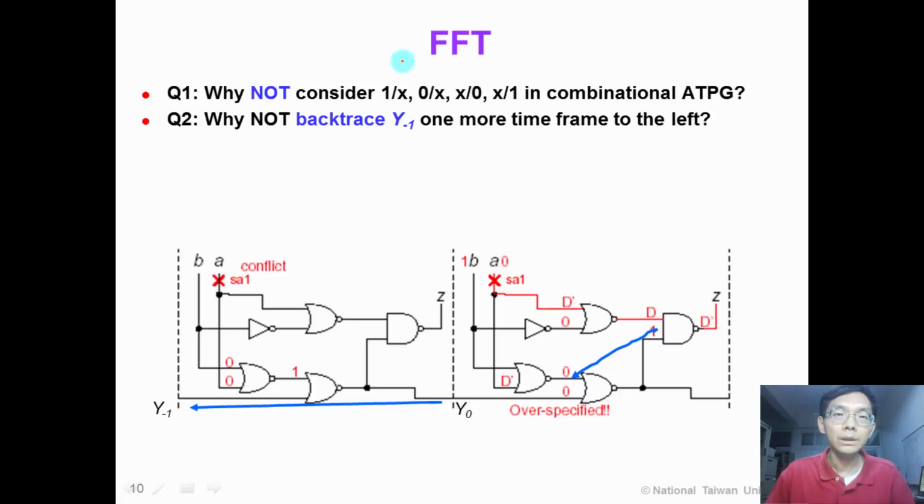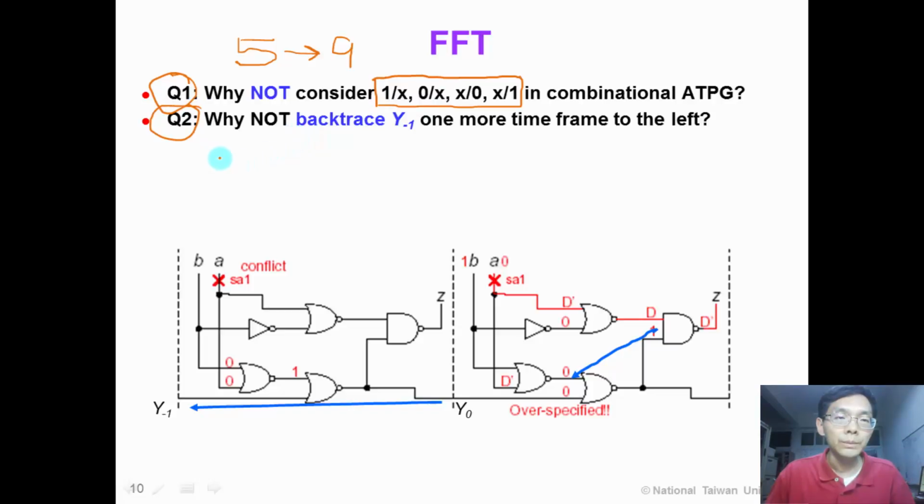Before we end this video, we have 2 interesting questions for you. Question number 1. In the past combinational ATPG, we needed only 5-value logic, but now in sequential ATPG, we need 9-value logic. So why didn't we consider these 4 possibilities in combinational ATPG? What was the reason? Question number 2.